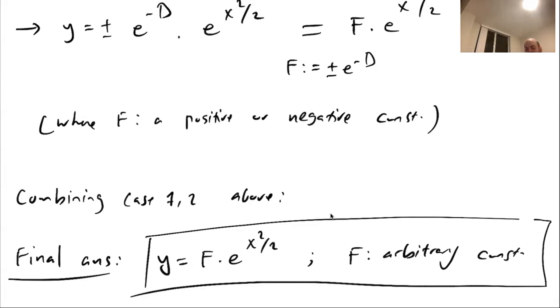If f is 0, y will be 0. And so case 1 corresponds to f being 0, and case 2 corresponds to f being a positive or negative constant. So overall, the solution is of the form y equals f times e to the power x squared over 2, where f is an arbitrary constant, either positive or negative or 0.